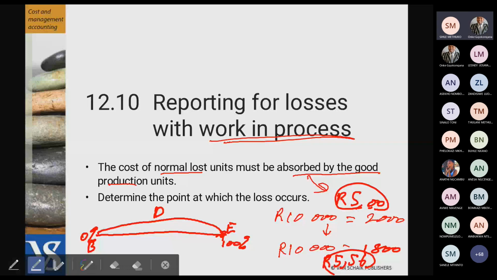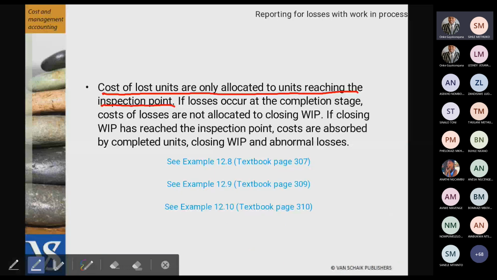Then we quickly move on, and they said next that the cost of lost units is only allocated to units that reach the inspection point. Very interesting statement. So that's what we do when it comes to the cost of the lost units: we only allocate to the units that have reached their inspection point.